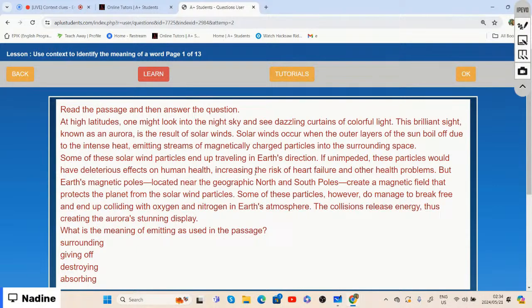Some of these particles, however, do manage to break free and end up colliding with oxygen and nitrogen in Earth's atmosphere. The collisions release energy, thus creating the aurora's stunning display.